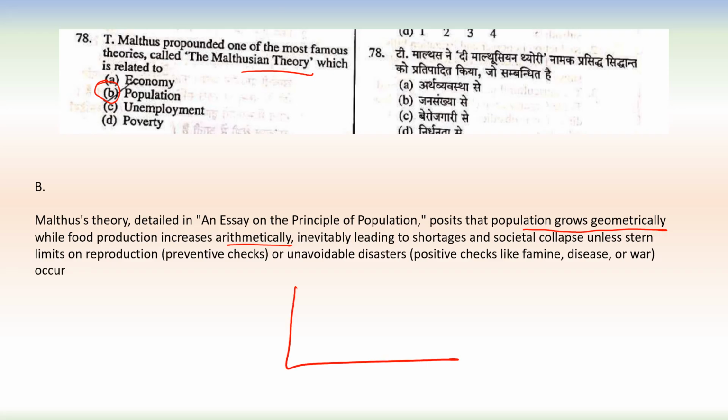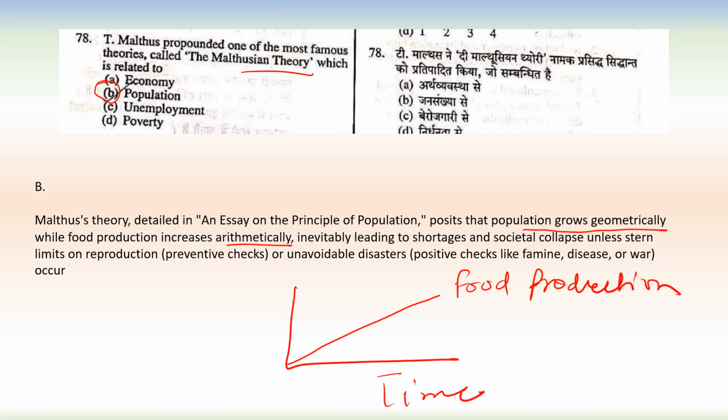Here we have the food production with time, and this is the population growth.